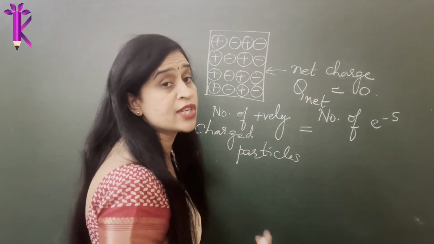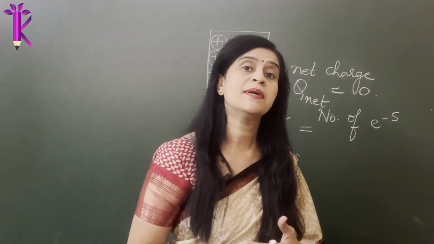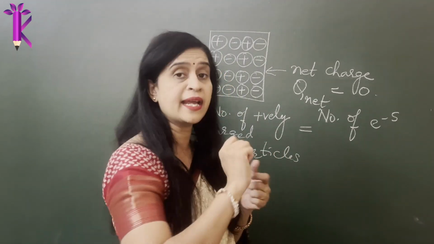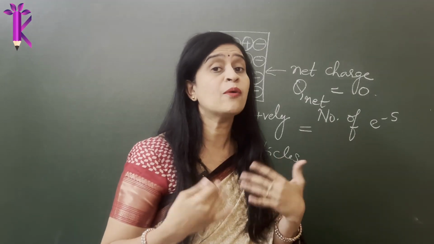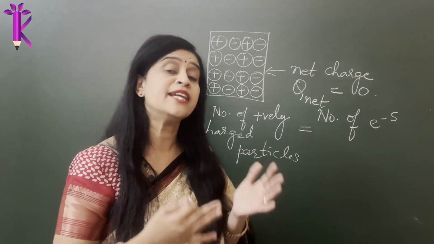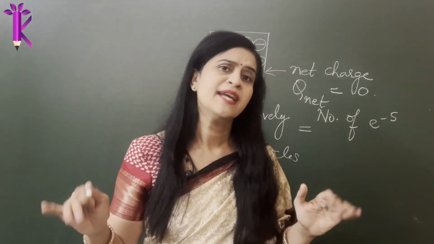Now let's say I want to charge this metal, or this conductor, but by not touching it. I do not want to bring anything in contact. I do not want to bring another metal rod and rub it against this metal and then charge it. I want to charge it without bringing any conductor into contact with this metal, which has a neutral charge. Can we achieve that?